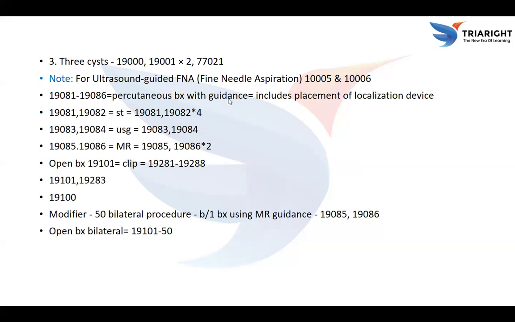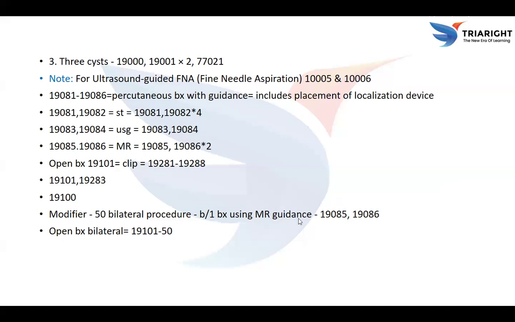It is performed to obtain cell or fluid samples for diagnostic evaluation, that is biopsy intent, rather than just draining a cyst. Codes 10005 and 10006 are used when ultrasound guidance is required for the FNA. Code 10005 is for the first lesion and 10006 is for each additional lesion.